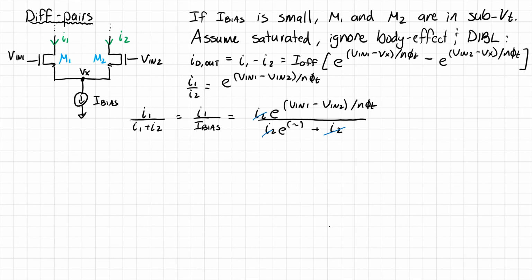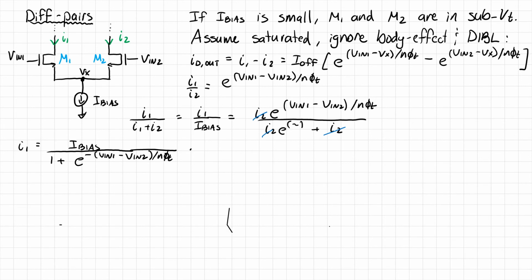And what we can do is we can go ahead and say that I1 is equal to I bias divided by 1 plus e to the minus (V in 1 minus V in 2) over n phi t. It gets a little annoying writing all these exponentials and denominators and so on, but I think you get the idea.